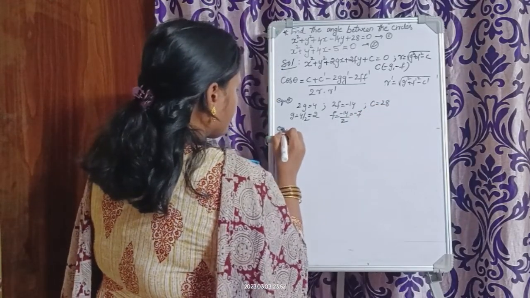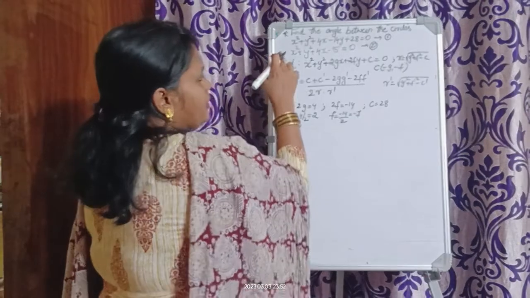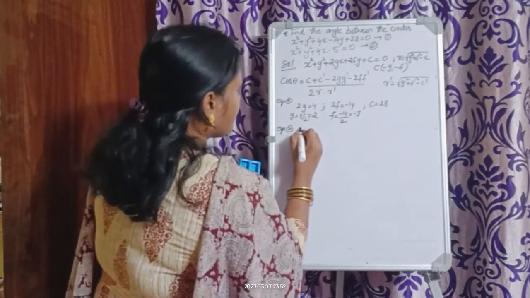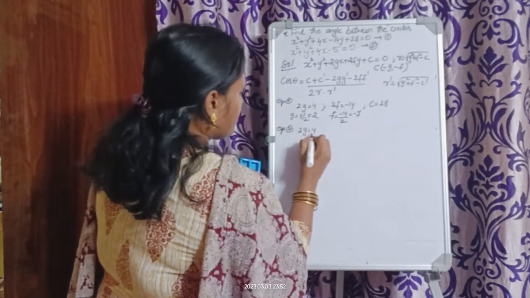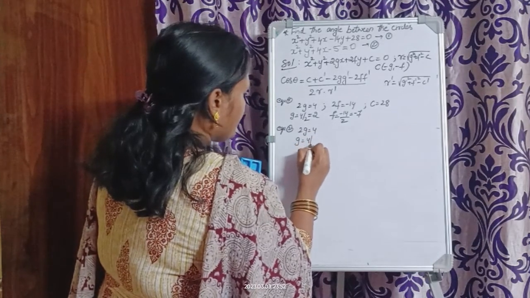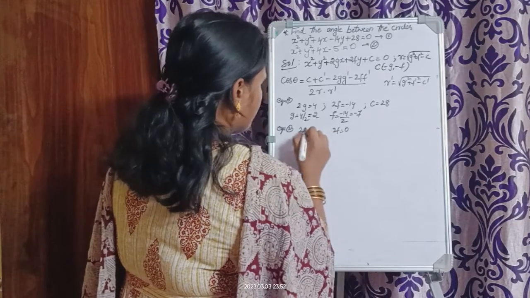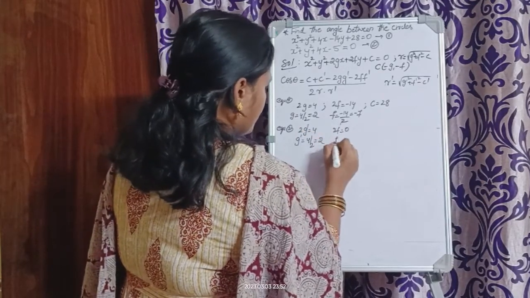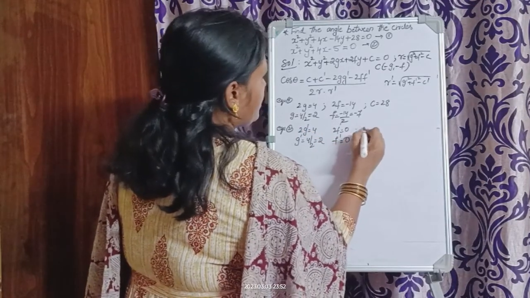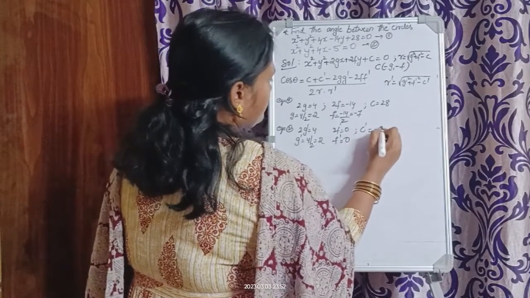Similarly, comparing equation 2 with the general equation, we get 2g is 4, or g is equal to 4 by 2, which is 2. Also, 2f dash is equal to 0, which implies f dash is 0, and c dash is minus 5.